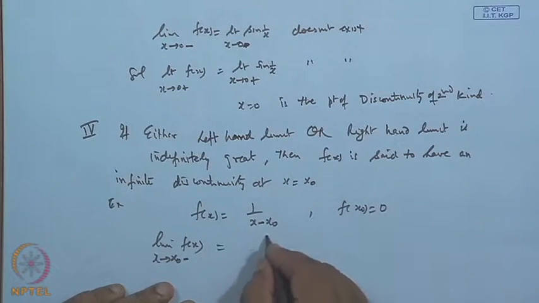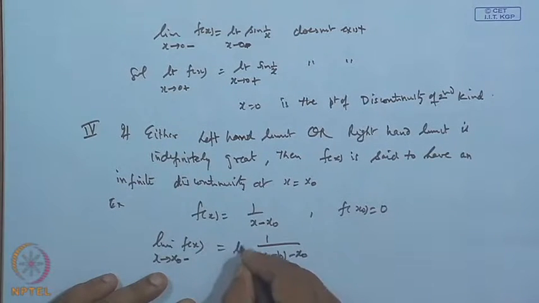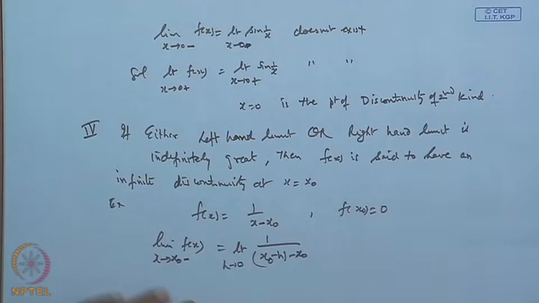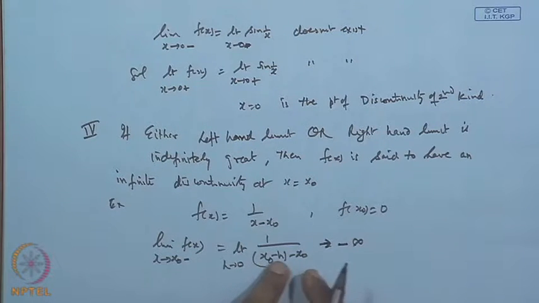Then this is the same as 1 over x naught minus h minus x naught, with h tending to 0, is it not? Now, this is nothing but minus infinity, because x naught cancels and h is sufficiently small. So, it goes to minus infinity.